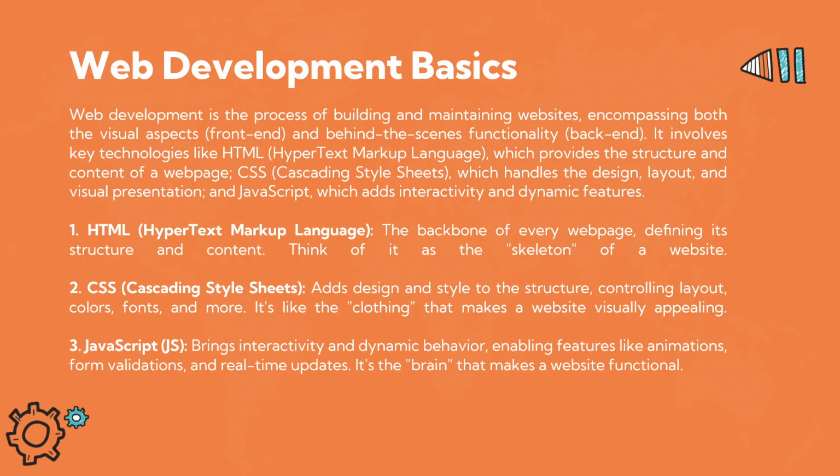Then we have JavaScript, which brings interactivity into the elements that you put on your website. Let's say you have a button. Just the button is HTML. Then we can say we want this button to be rounded, we want it to have this color, and when we hover over it, it should grow in size. That is what we call CSS.